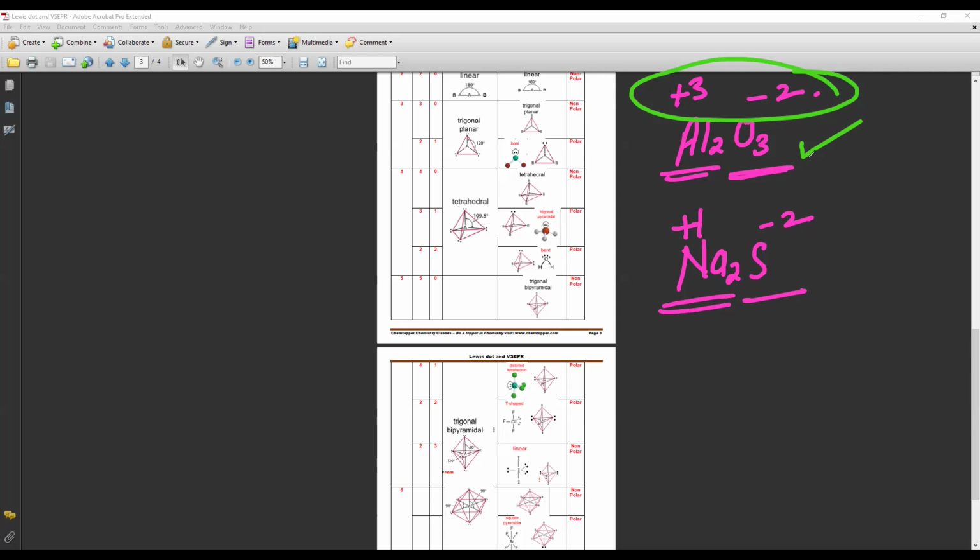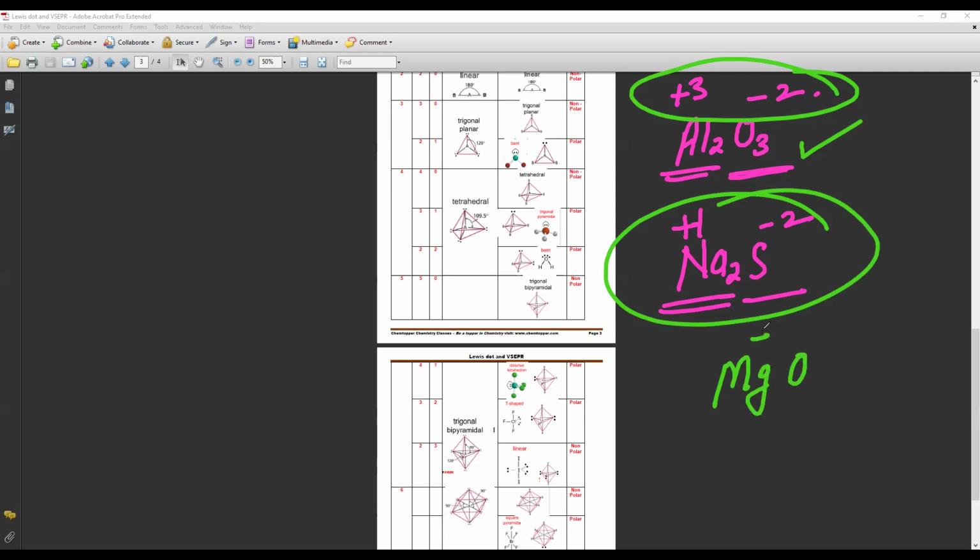Yes. If I want to compare Na2S with MgO, this is +2, this is -2. So the strongest lattice is of Al2O3, highest melting point, then MgO, and then Na2S.